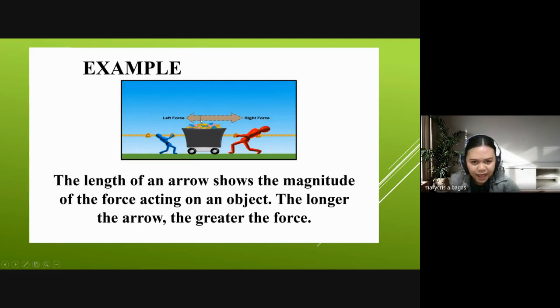You can see the red person pulled the rope with greater force because it has a long magnitude. If you compare, short magnitude, long magnitude, meaning red exerts more effort or more force.